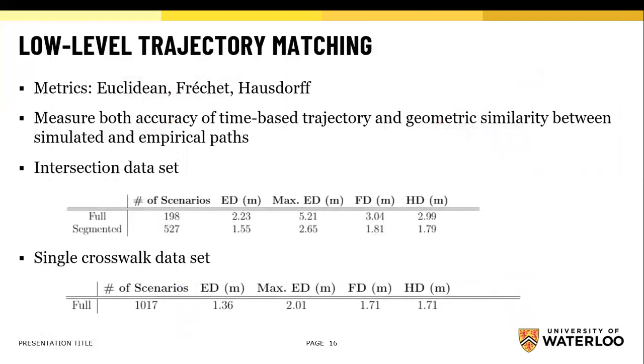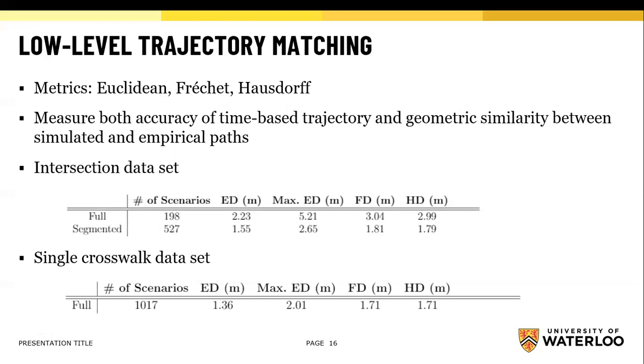So in terms of the first measurement, measuring the low-level trajectory matching, we used, as I mentioned, the metrics Euclidean distance, Frechet distance, and Hausdorff distance to measure both the accuracy of the time-based trajectory with the Euclidean and the geometric similarity between the paths using the other 2 measures.